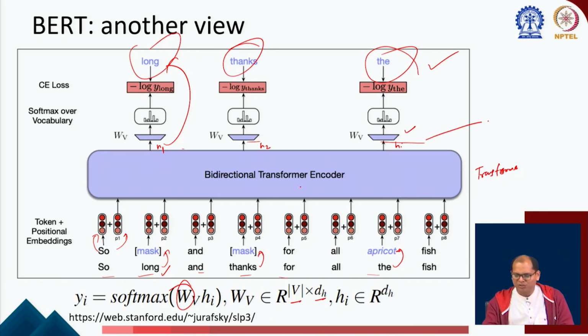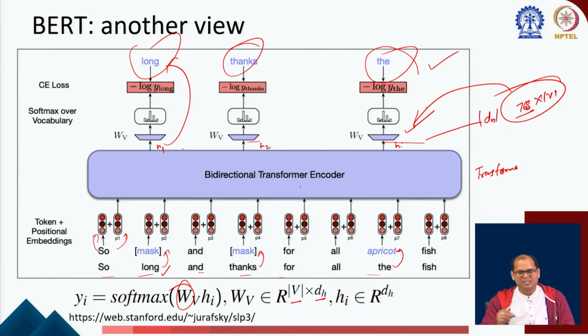DH is the dimension of each hidden layer. In BERT's case it was 768 dimensions. So you have 768 times your entire vocabulary in this matrix, you get a distribution and you apply softmax over that, so that you can compute the loss with the minus log probability of the ground truth word. So this is your pre-training.